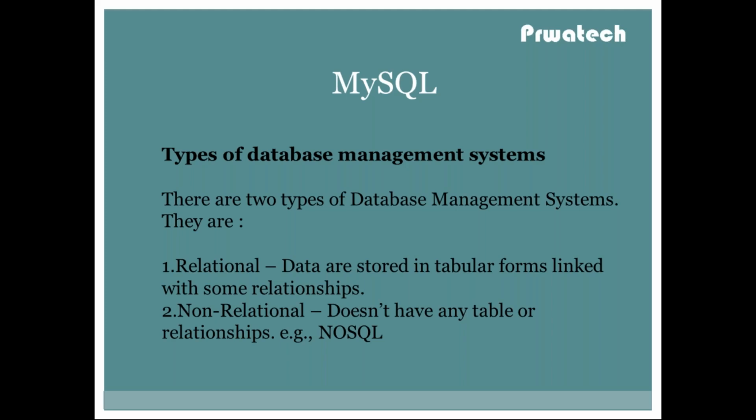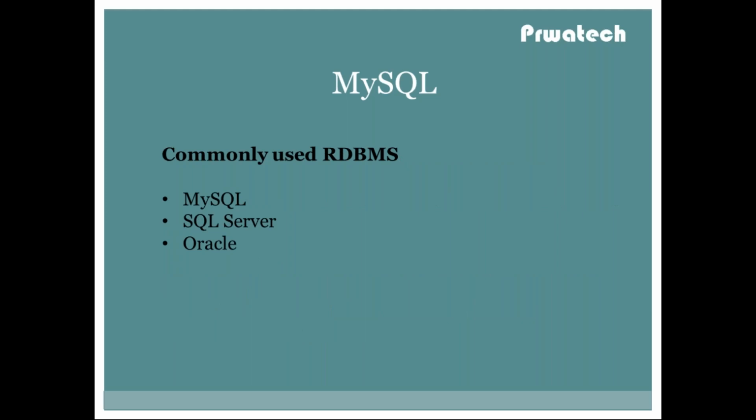However, the non-relational database management systems do not have any tabular form or any kind of relationships, for example, NoSQL. Some of the most commonly used relational database management systems are MySQL, SQL Server, and Oracle.